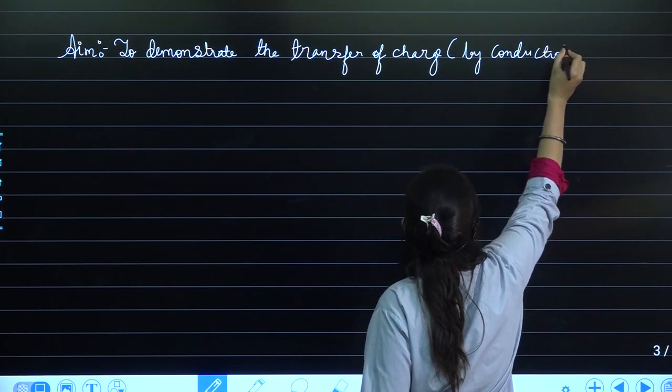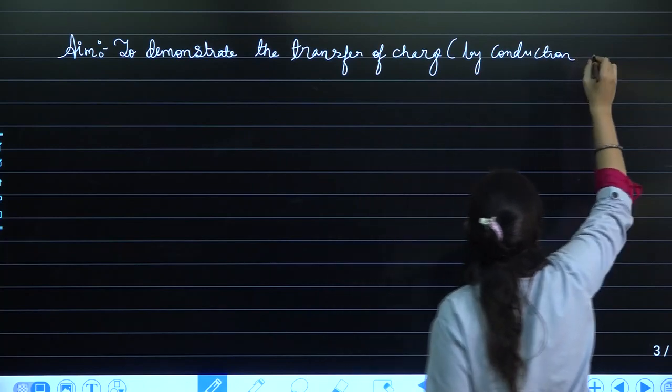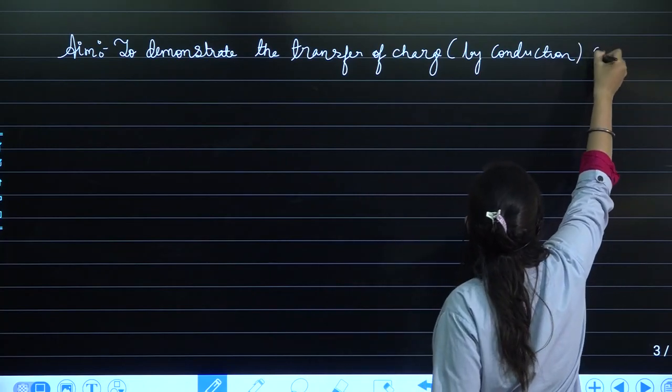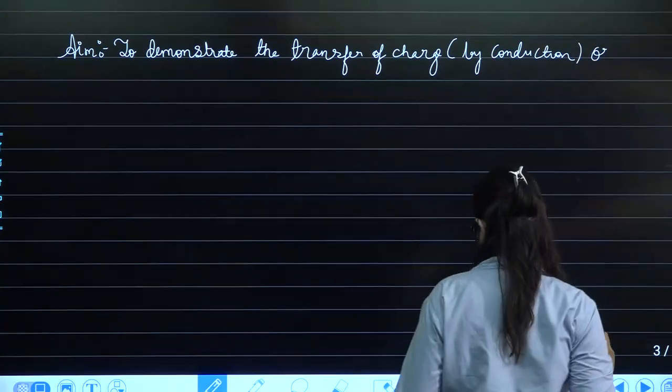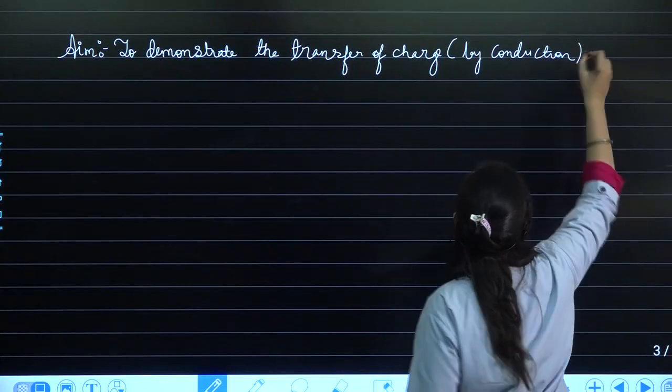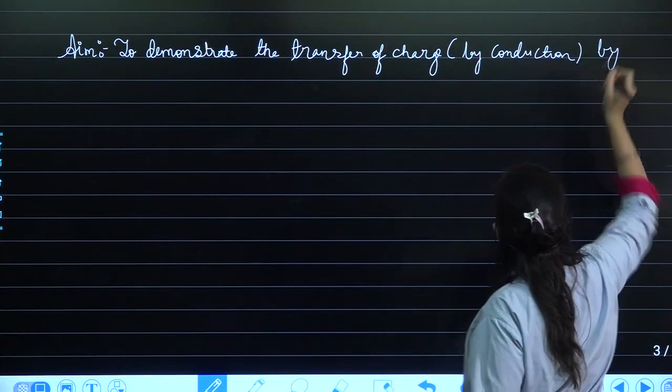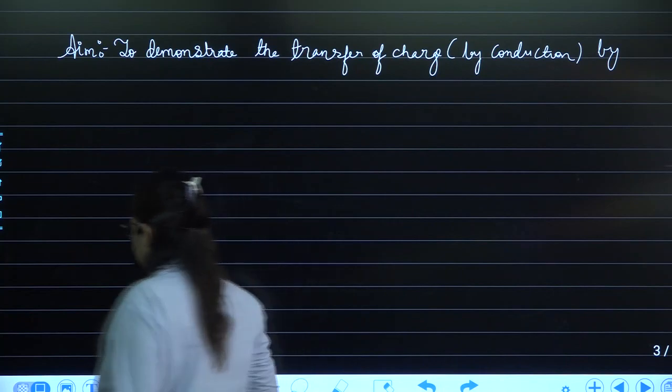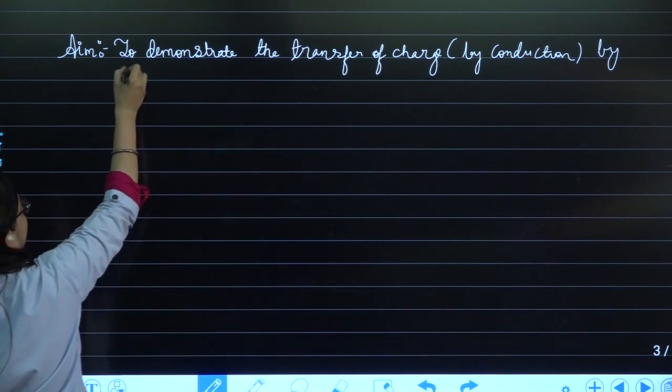By conduction or by direct touching, it is one and the same thing.